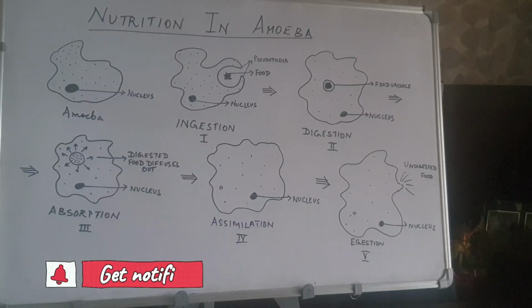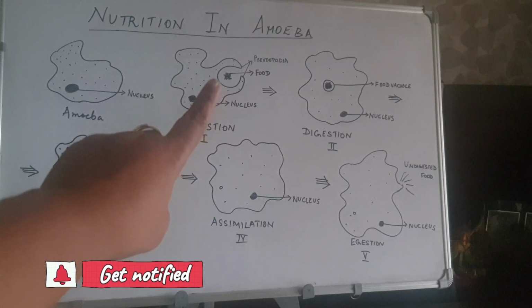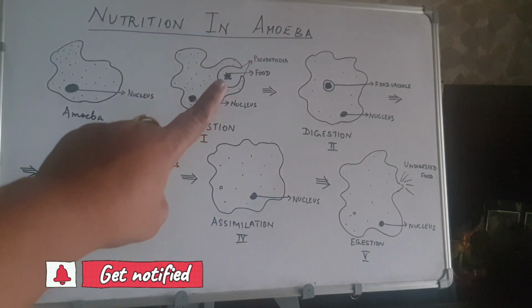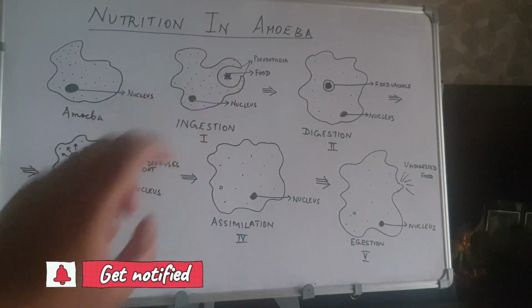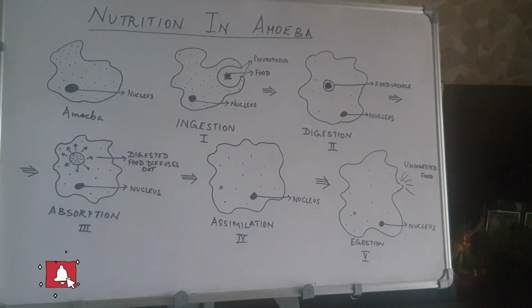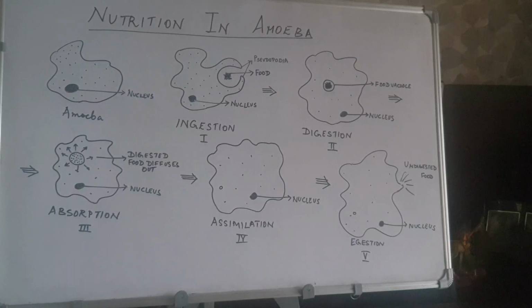That is phagocytosis. So whenever a food approaches the cell, that is the amoeba, a single cell, what happens? The body will change its shape according to the size of the food particle, and curve around the food particle in such a way that it gets engulfed into its body.